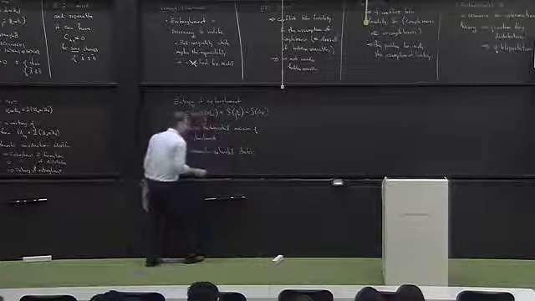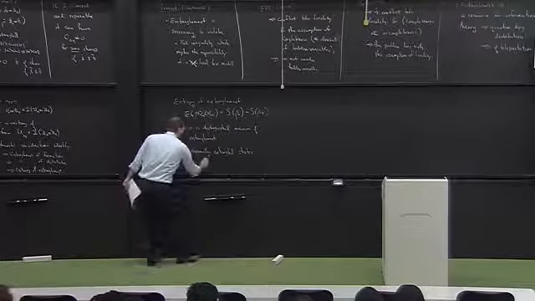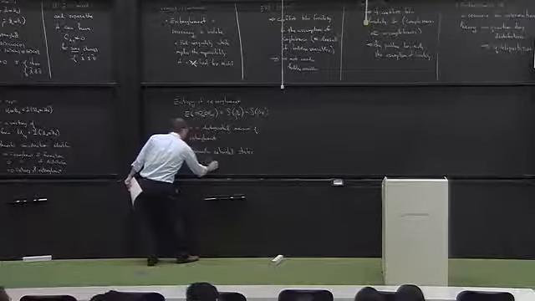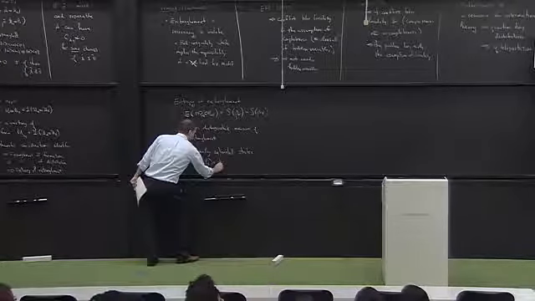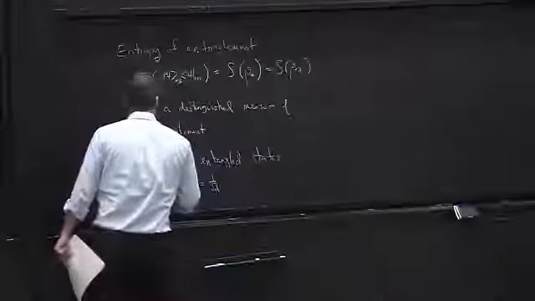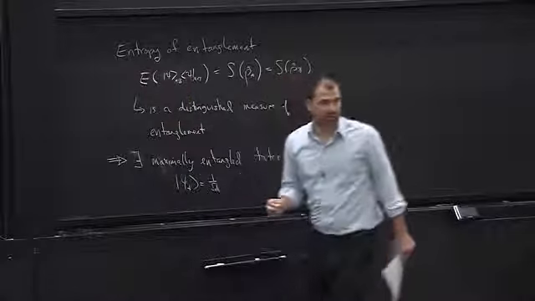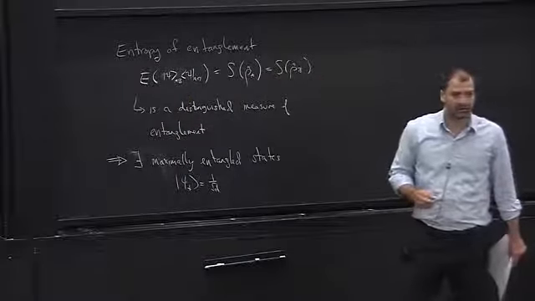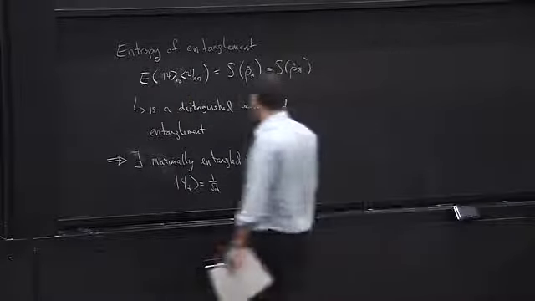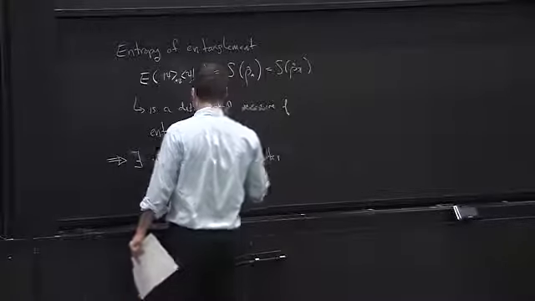So for 2 qubits, that's the singlet. And in general, the maximally entangled states are of the form 1 over square root of d. Am I using capital D or lowercase d? Small d, okay. So d is my Hilbert space dimension.